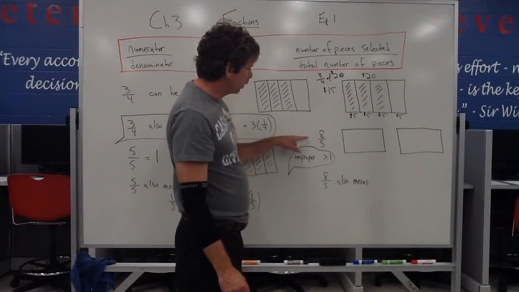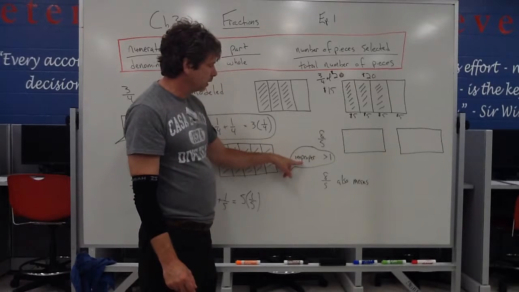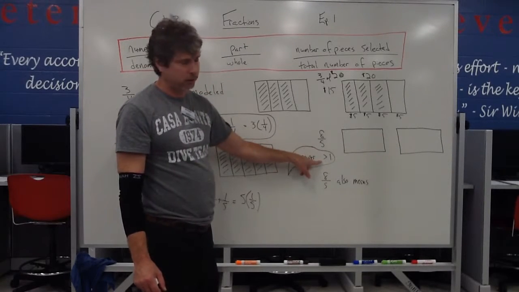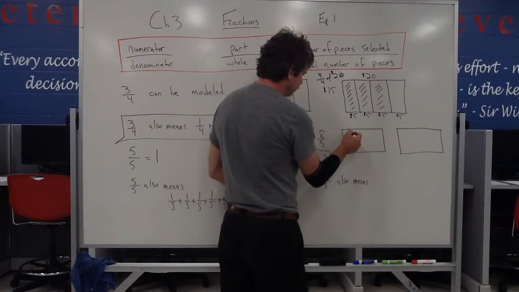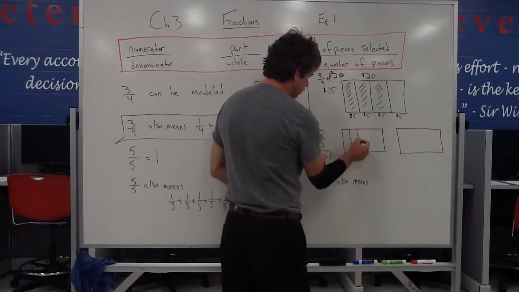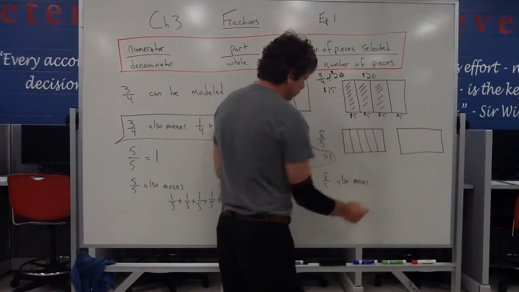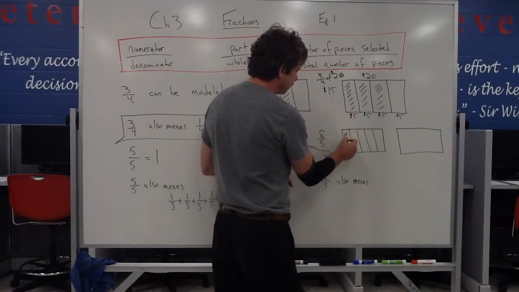My last example, I want to look at 8/5. 8/5 is called an improper fraction because this fraction is actually over 1. So if I look at this problem, the 5 tells me to cut into 5 equal pieces. But I've got to take 8 pieces. But notice how there's only 5 pieces in this whole.